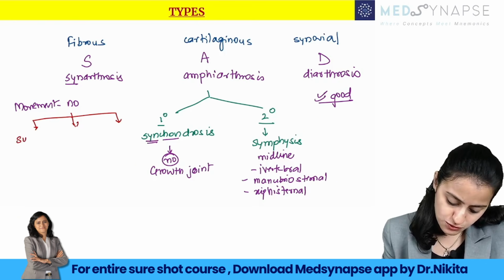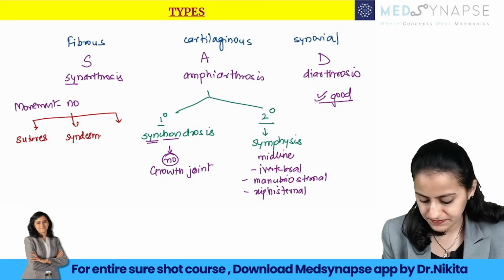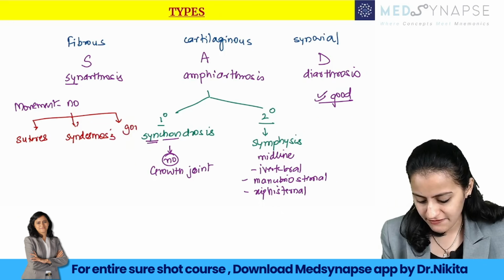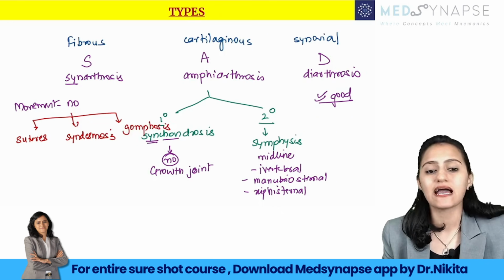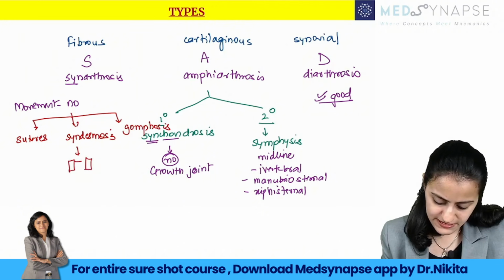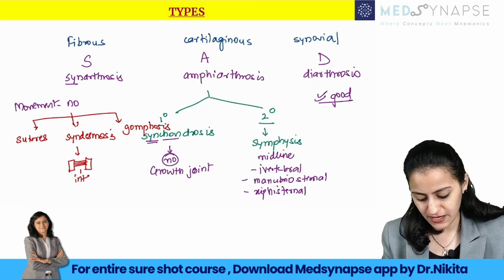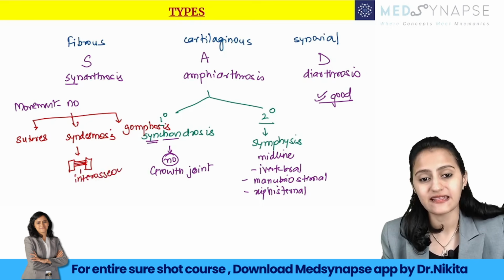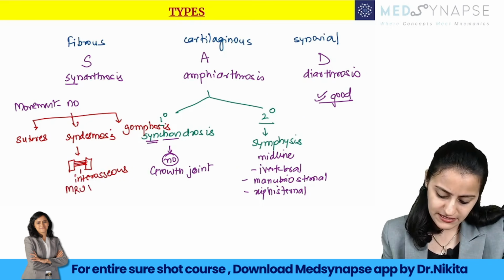We have sutures, syndesmosis and gomphosis. Syndesmosis is where two bones are fused by a ligament, like the interosseous membrane between the radius and the ulna, the middle radioulnar joint. That is a syndesmosis.